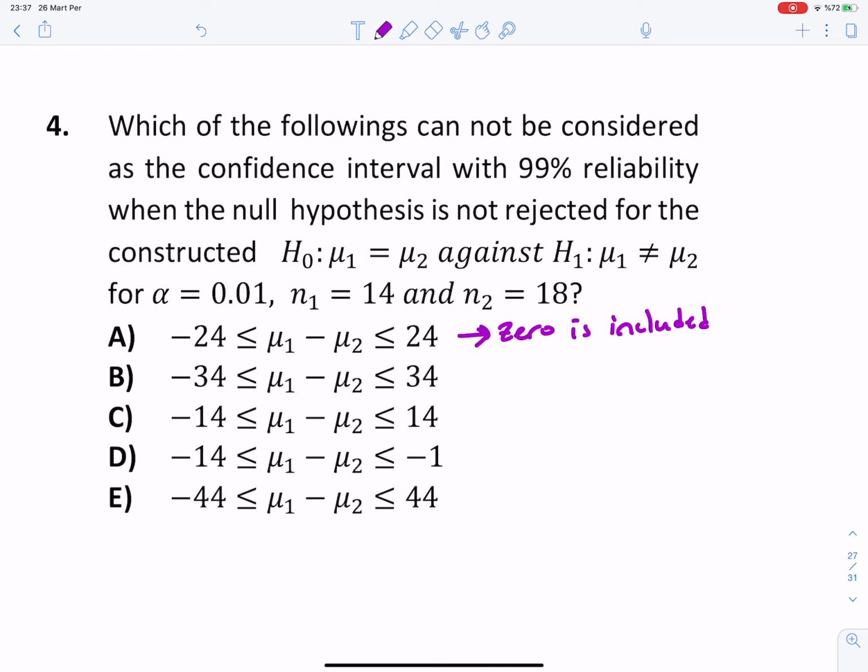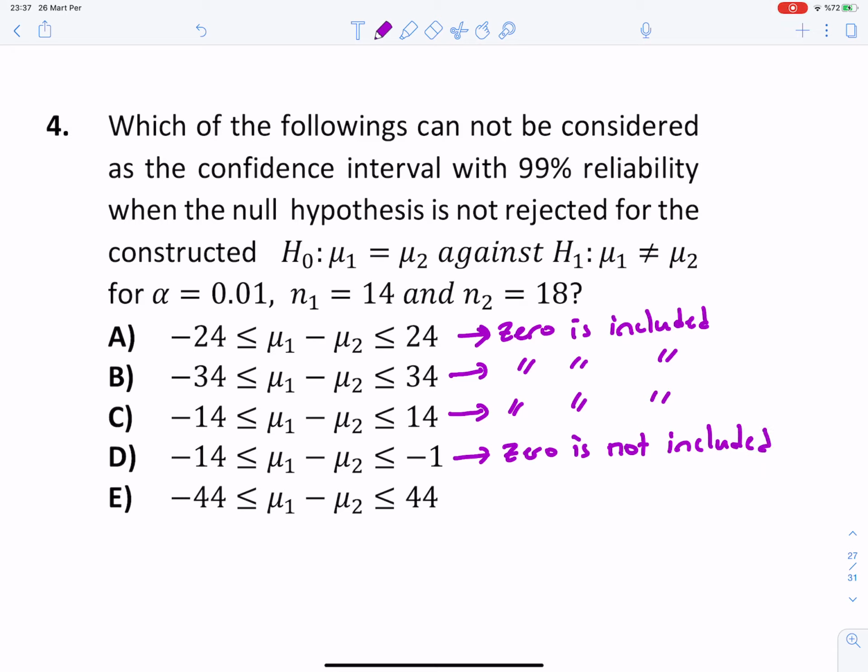Again, in the next one the lower bound is negative and the upper bound is also negative, so the zero value is also included in this one. And in option C, the zero is also included. And look at option D, 0 is not included.